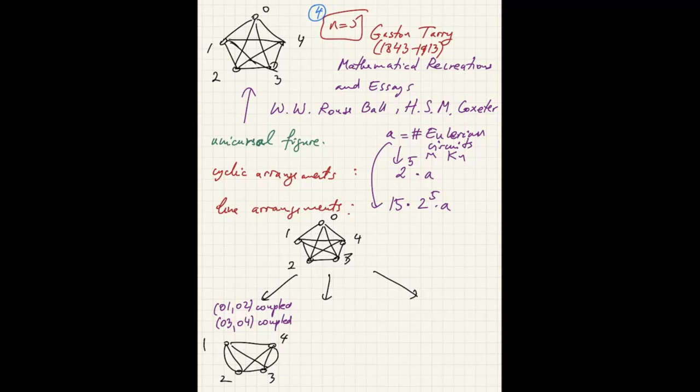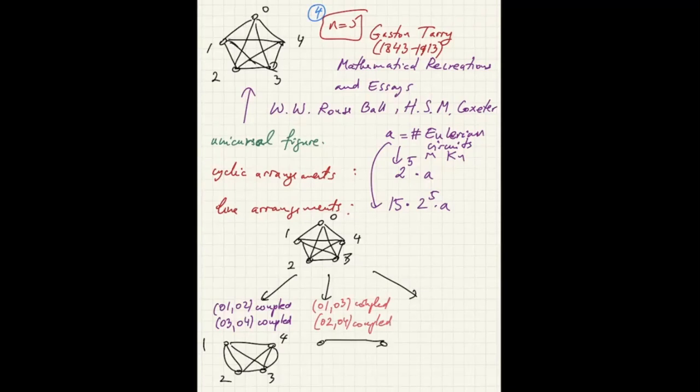Similarly, in the second case, if you have 0,1 and 0,3 coupled, and 0,2 and 0,4 are coupled, in this situation the number is the same as the number of Eulerian circuits in this graph.